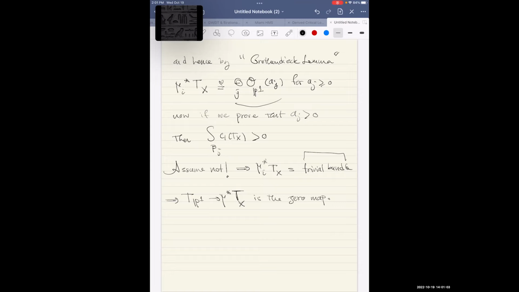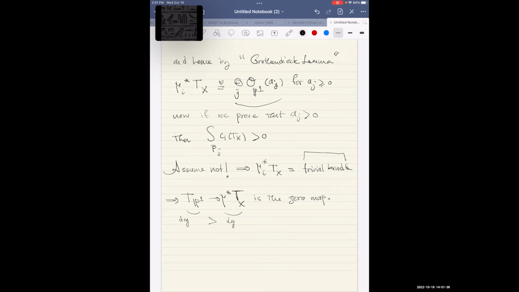Here is one. The tangent bundle is a stable bundle. Okay? If you have two vector bundles, and both of them are stable, the tangent bundle of P1 is stable, the pullback of the tangent bundle of X is stable, then the map will be zero if the degree of this bundle is bigger than the degree here.